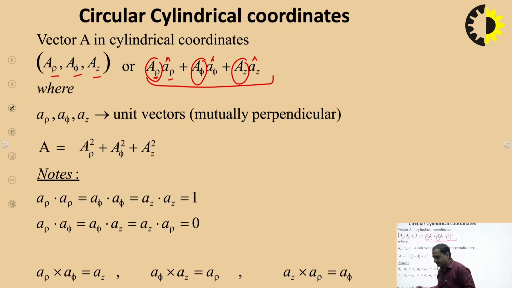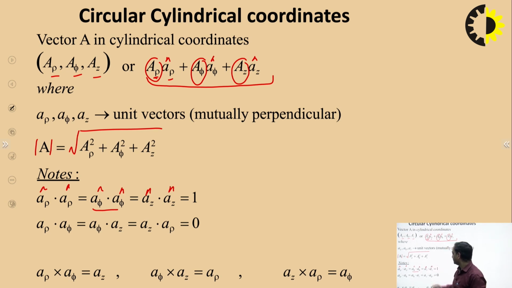If we want to find the magnitude of this vector, we write it as the square root of A rho squared plus A phi squared plus A z squared. Some properties of the unit vectors are that a rho dot a rho equals 1, a phi dot a phi equals 1, and a z dot a z equals 1.